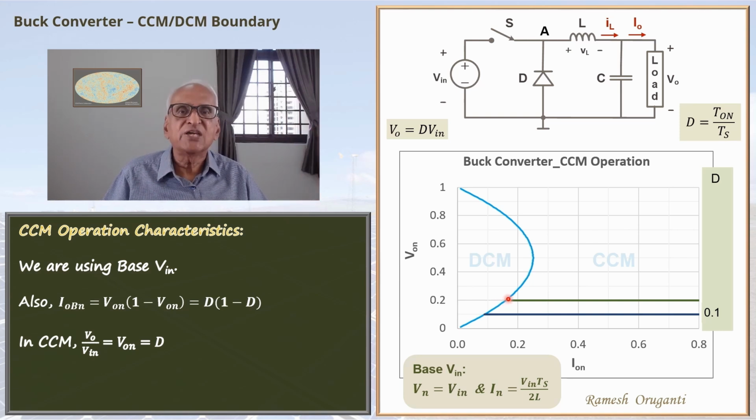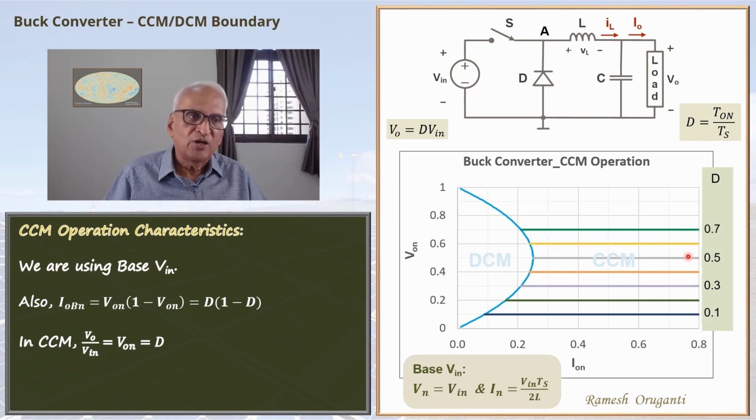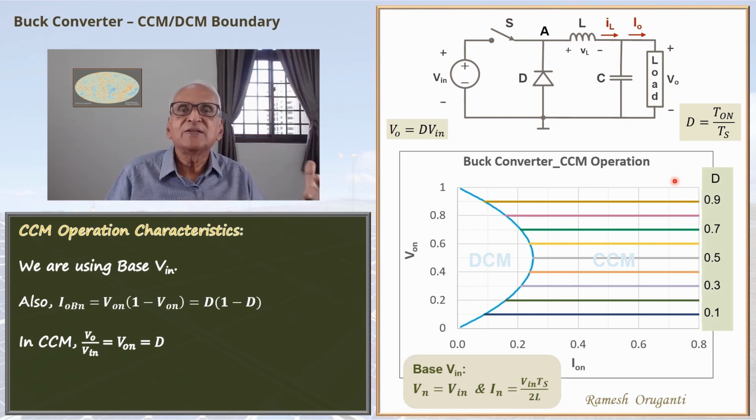Likewise, I can plot for D equal to 0.3, D equal to 0.4, D equal to 0.5, and so on. So we have combined the CCM operation characteristics of the converter together with the CCM DCM boundary.